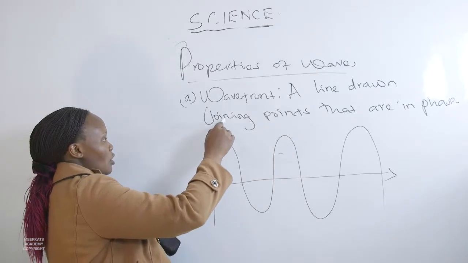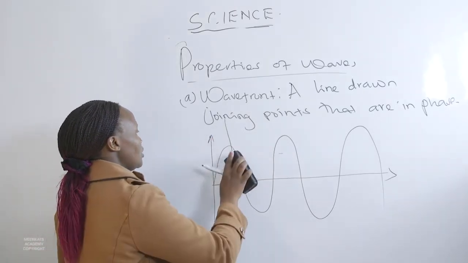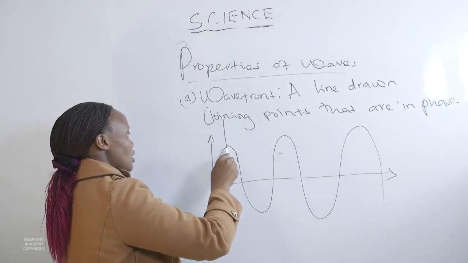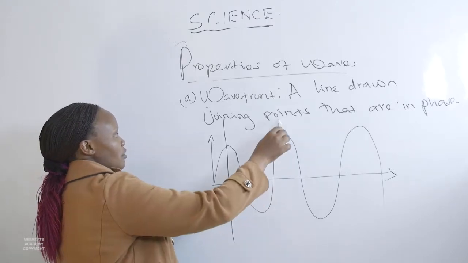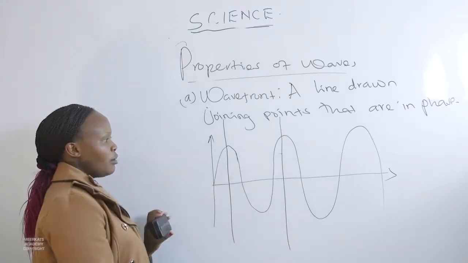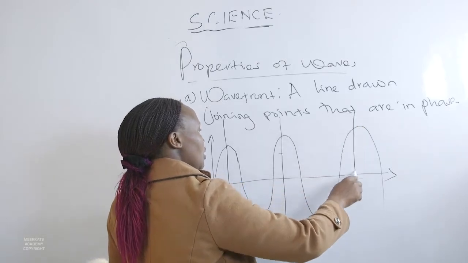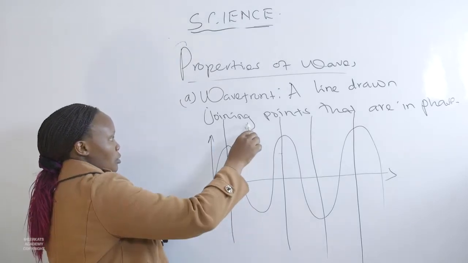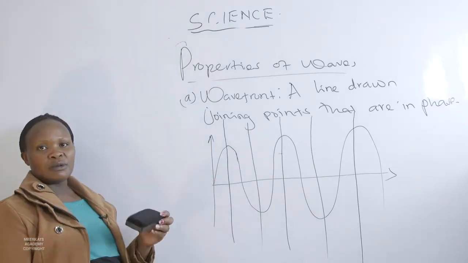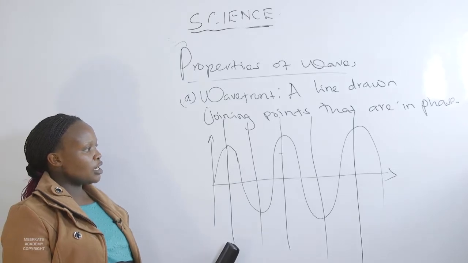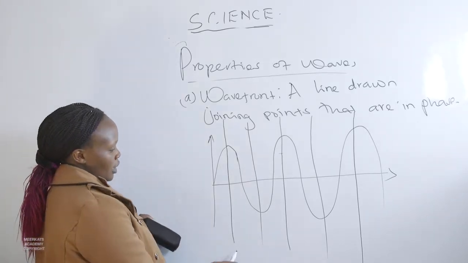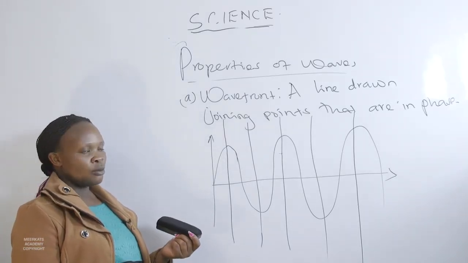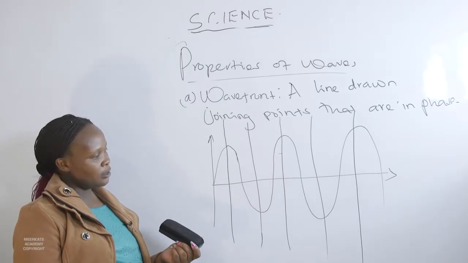Therefore, all the particles along this line, now that we have our wave train moving in a direction that is perpendicular to the vibration of particles, if we were to draw some lines joining any particles vibrating in phase, we would come up with something like that.